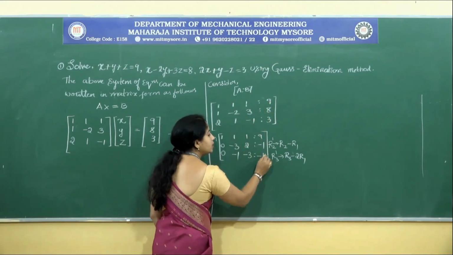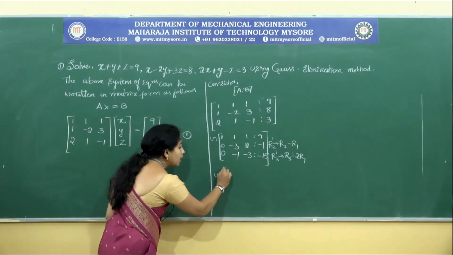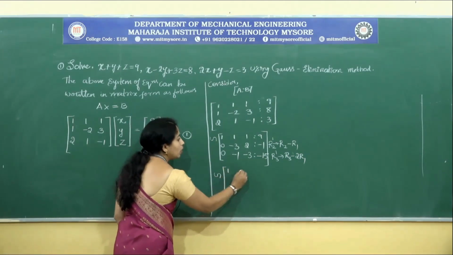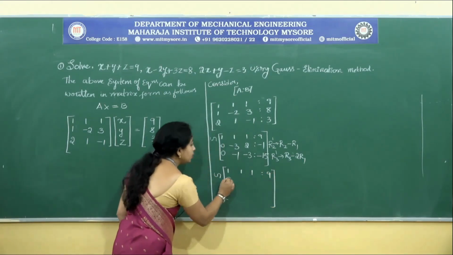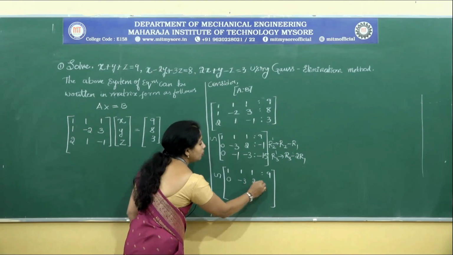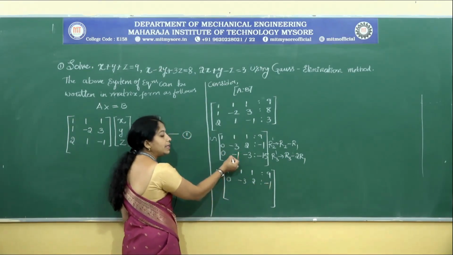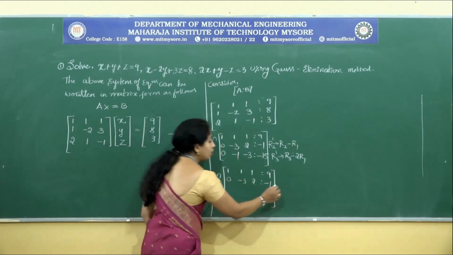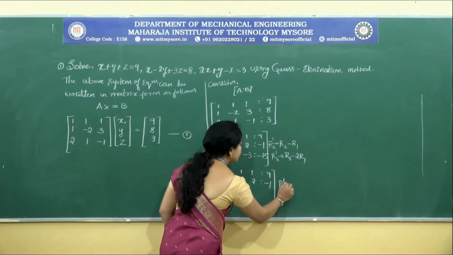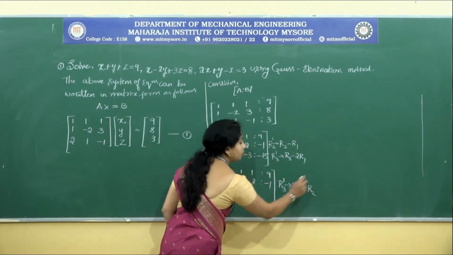Again this matrix is equivalent to, write the first two rows as they are, 1, 1, 1, 9, then 0, minus 3, 2, minus 1. See the last one, we are supposed to make this element 0 by using the second row. Now the row operation is R3 dash equals 3 times R3 minus R2.